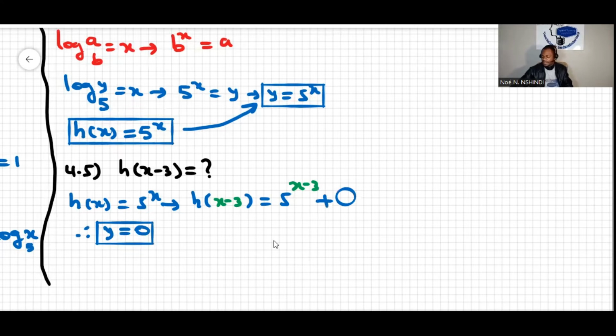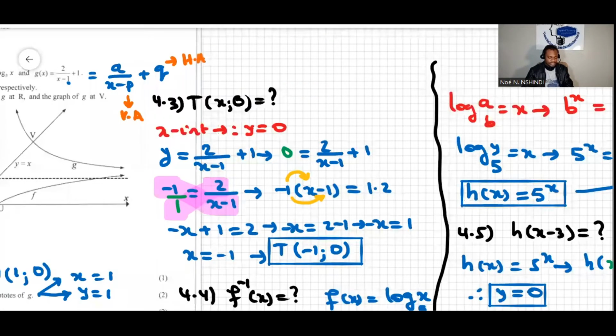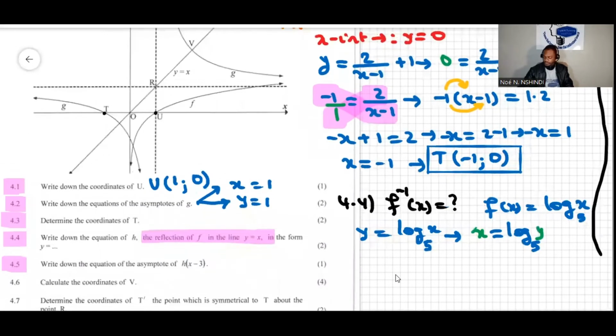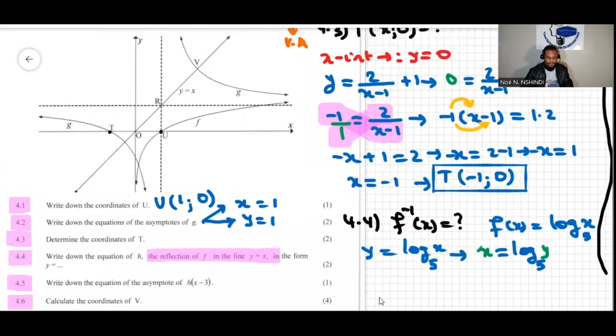Now, the following question is question 4.6. Let me look at the question. It says, calculate the coordinates of V. Let's see, where is V in the diagram?